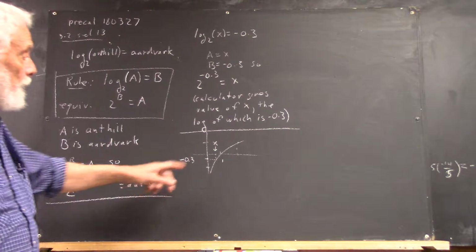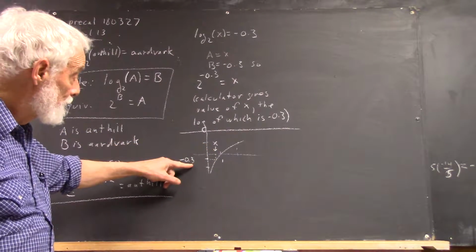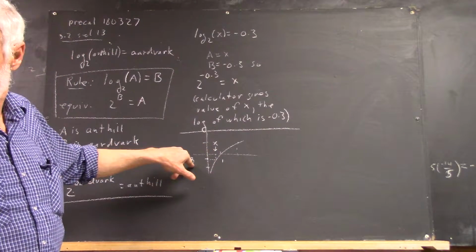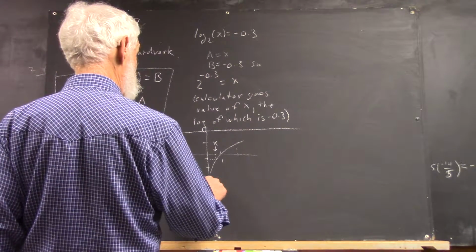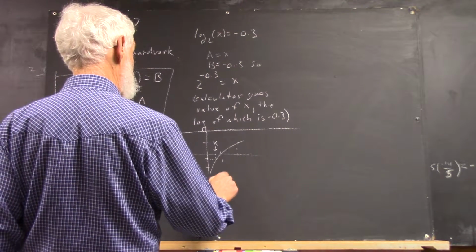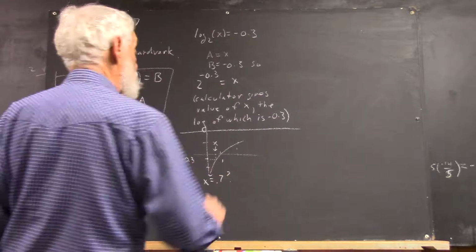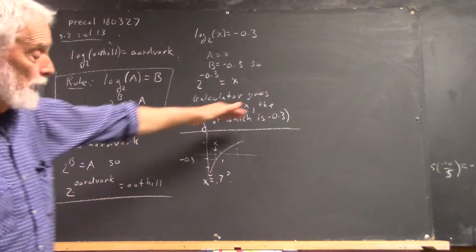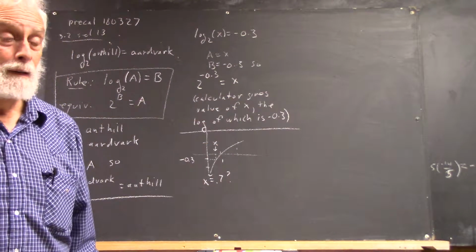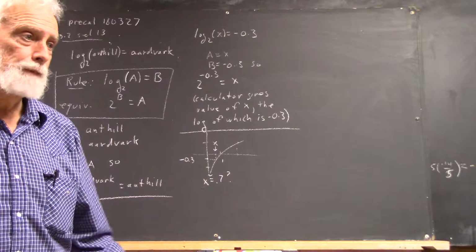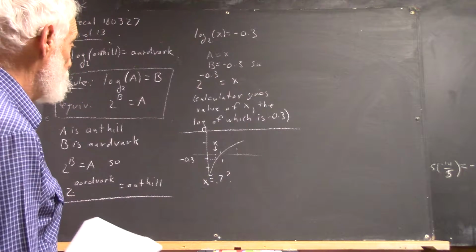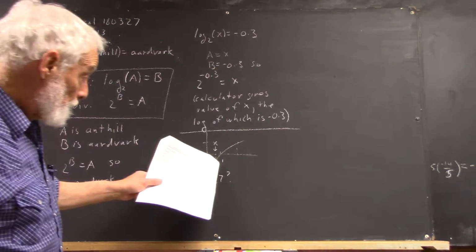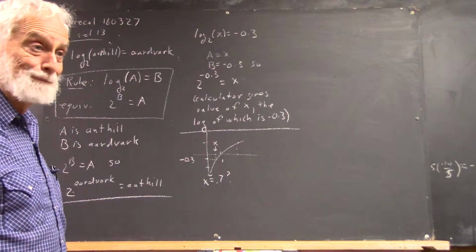Because this would be the log of x is negative 0.3. So it looks like x is about 0.7. Well, that depends on how well I drew the curve. It's actually 0.81. So it wasn't far off. I didn't do too bad. Wasn't great, because it's clearly not 0.8 the way I drew it.